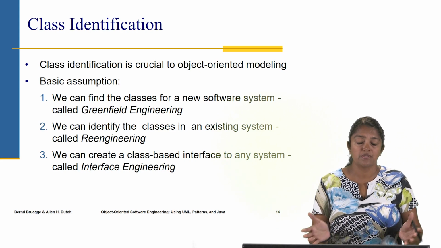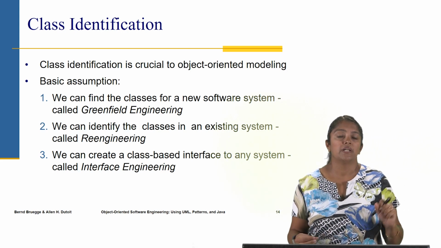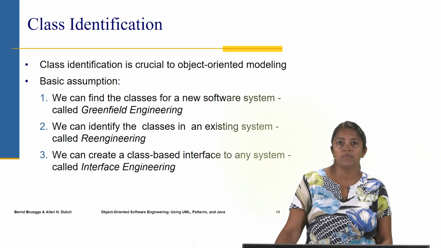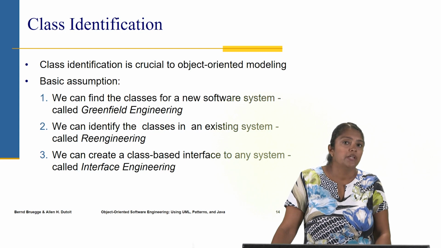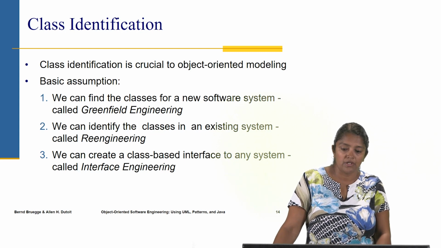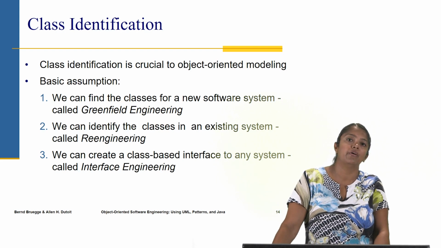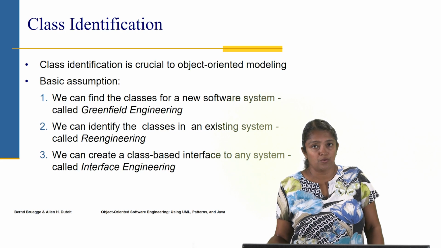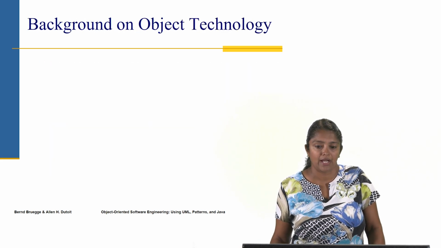It's UI, user interface heavy, or there are other kinds of interfaces that are being connected with other components. So there we're thinking of classes in terms of those interfaces. Whichever technique is being followed, be it greenfield engineering or re-engineering or interface engineering, class identification is that first crucial step that has to be performed, and it's important that it's done correctly.